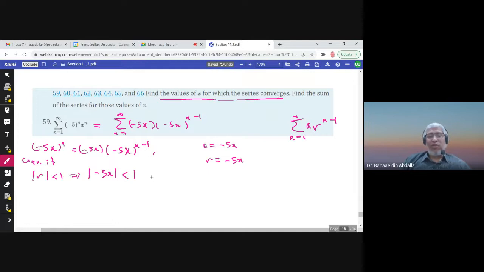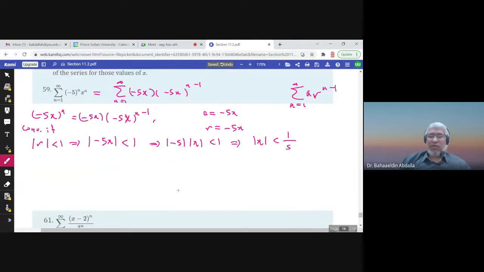To solve this inequality, I will distribute the absolute value on the product, and this is possible. The absolute value of negative 5 is 5, so I will have the absolute value of x less than 1 over 5.